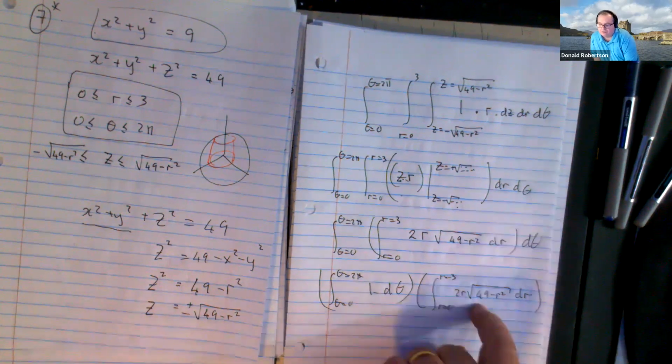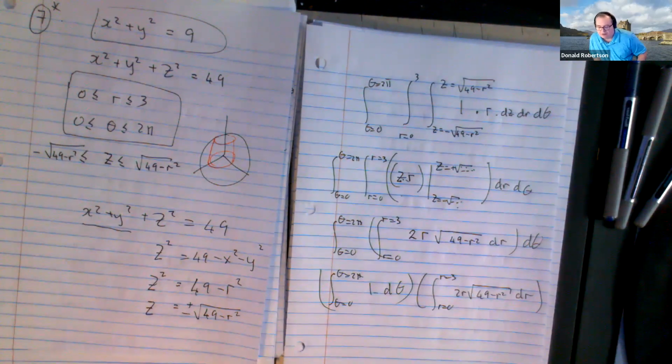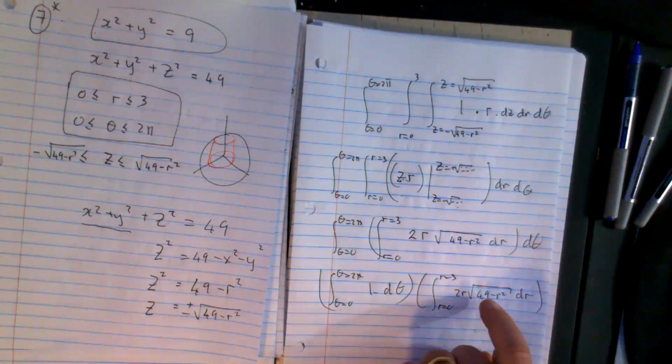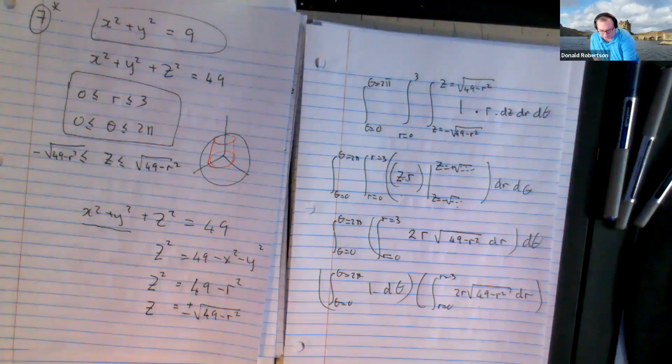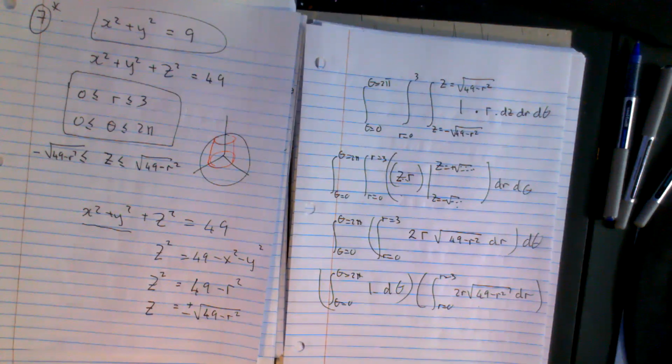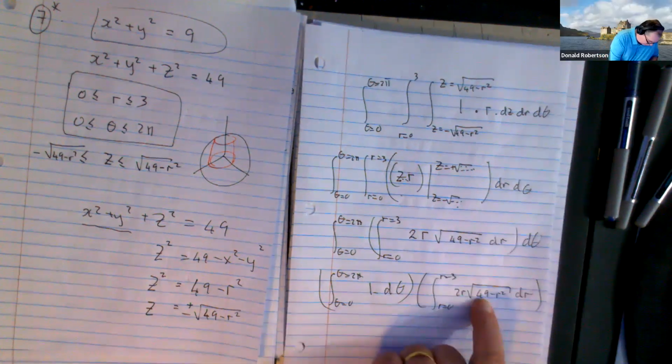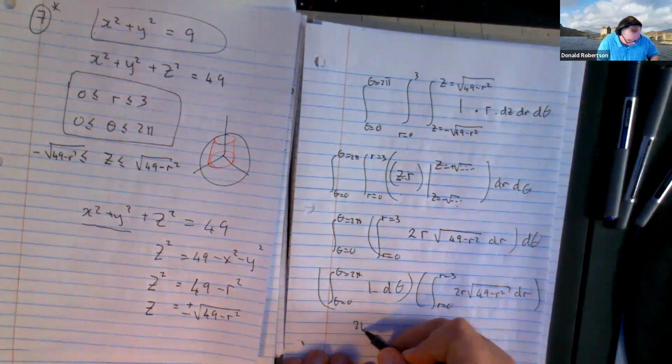This is calc 2. How do you integrate that? That would be the u sub with the 49 minus r squared being u. Yeah, and you end up with something like negative the square root of u, and then you can integrate it and do all the things you need to do. But that'll be a number, and this guy here is just going to be 2 pi because it's easy to integrate.